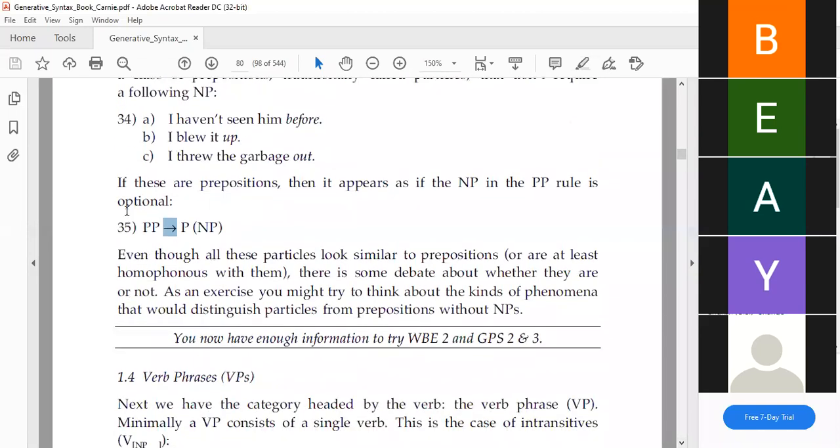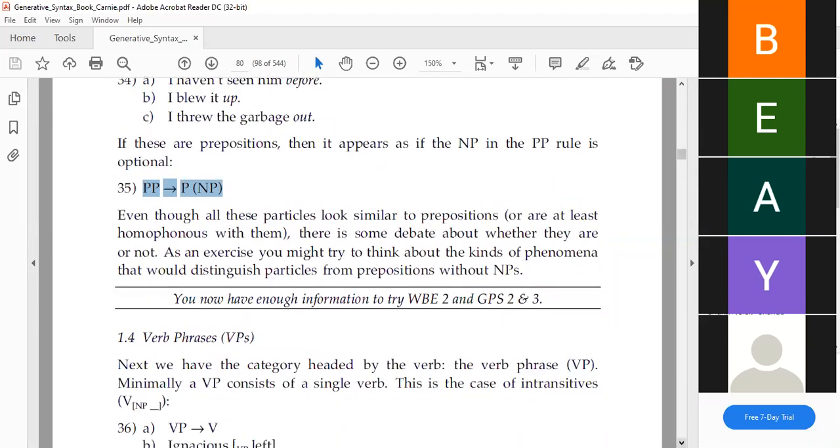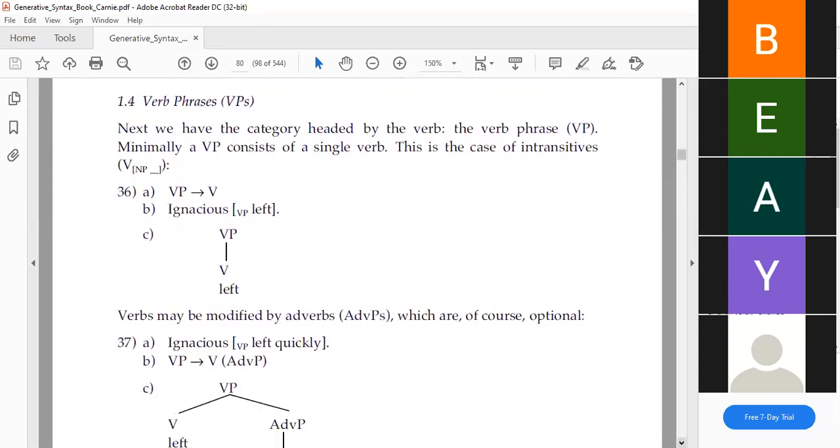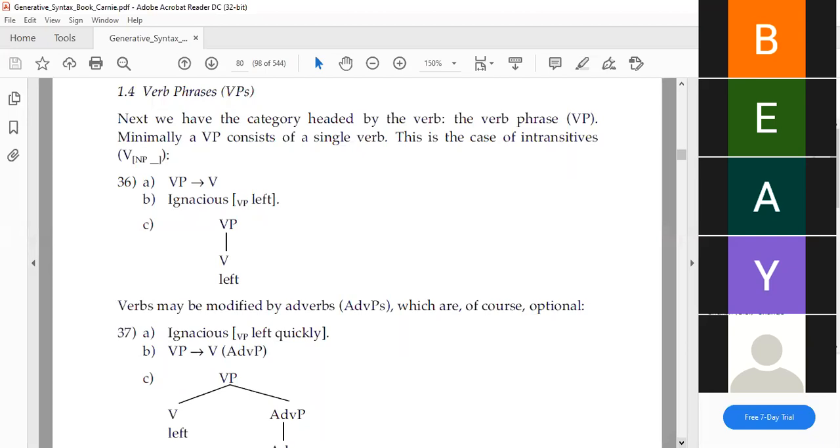Now, the PP rule, the final rule: a prepositional phrase consists of an obligatory P and then an optional NP. I think this is very clear for you. Now we move to, I'm not saying the most difficult, but I would say the longest.